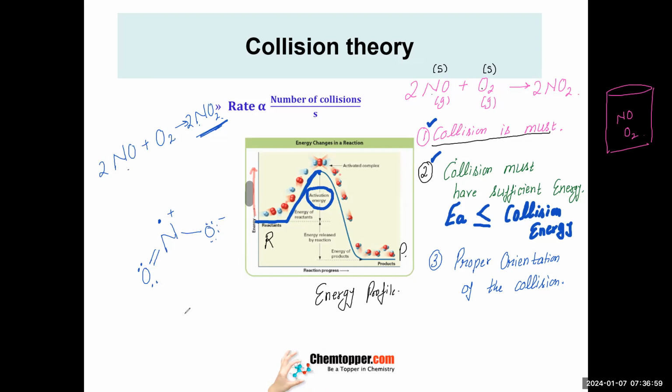And what is NO? Look at the NO. It is something like this. I'm not counting everything, I'm just giving you a random structure. If we forget about these lone pairs and just focus on atoms, what collision is needed?